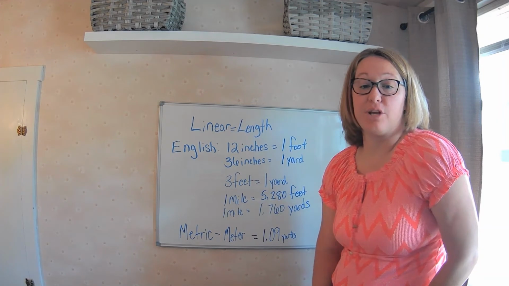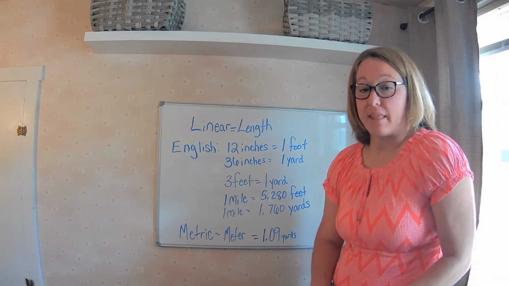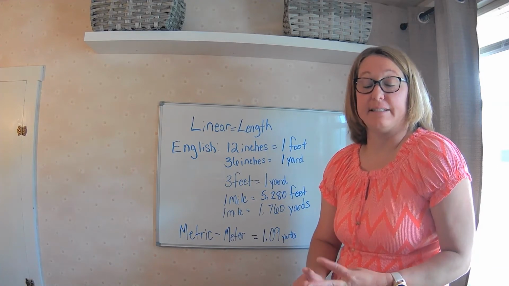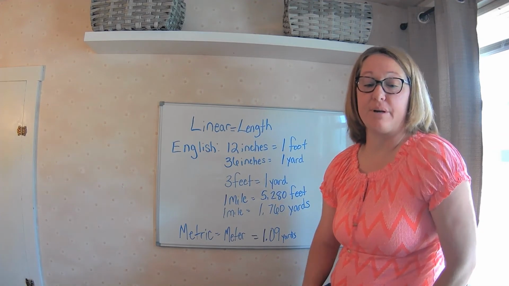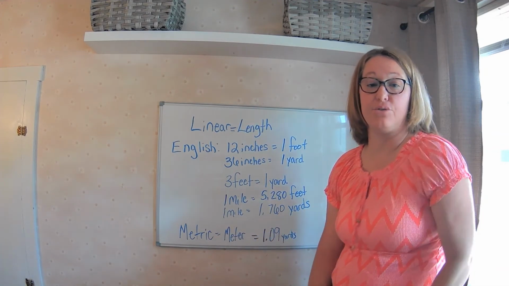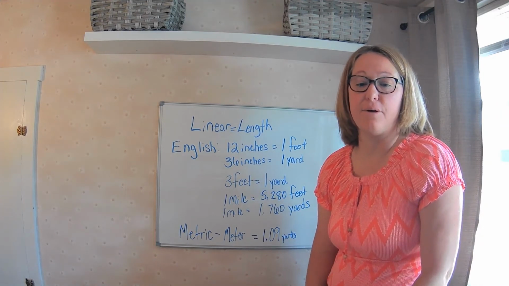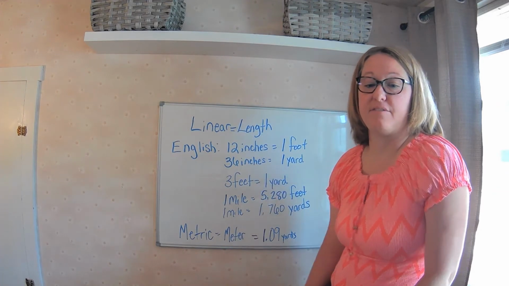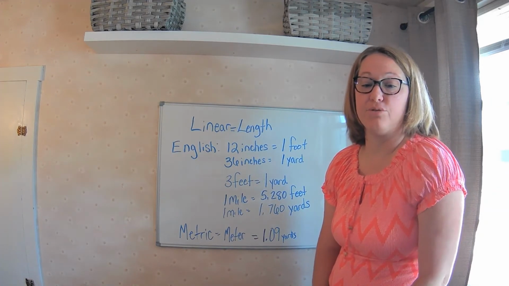So in metric, we use, to remember, those prefixes: deci, centi, milli, and then we have deca, hecto, and kilo. Again, those are our metric prefixes, and this is where it comes into play when we have that U for unit. So linear is meter. We either use English measurements of inches, feet and yards, or we use metric, meter.